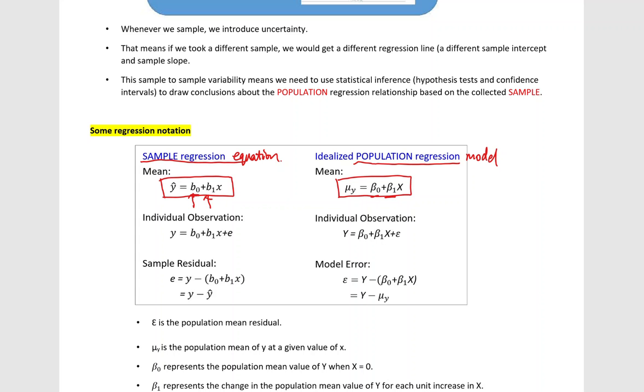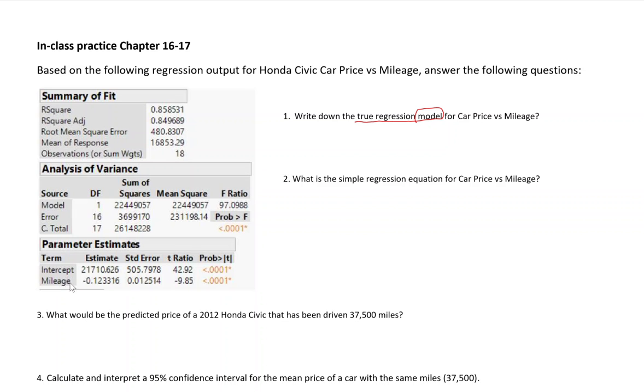As I said in the video, we never know the value of beta 0 and beta 1. So what is the population regression model? Here we only have one explanatory variable, mileage x. So what is the true regression model? It is mu of y equals beta 0 plus beta 1 x. That's it.